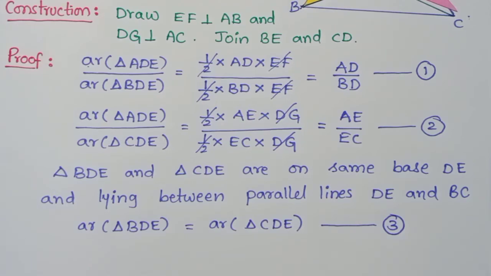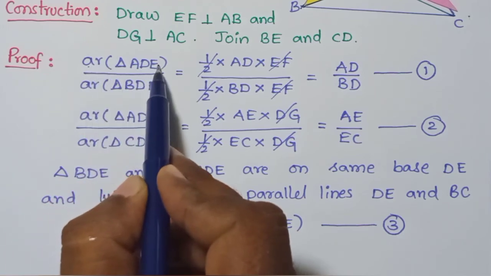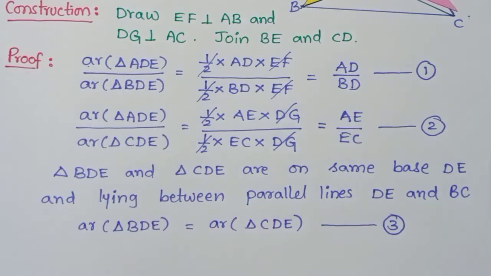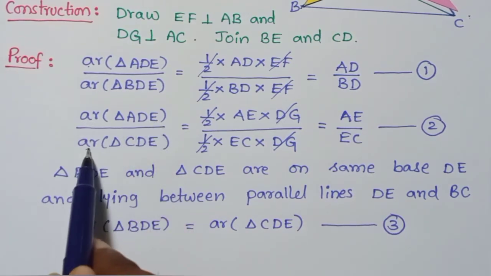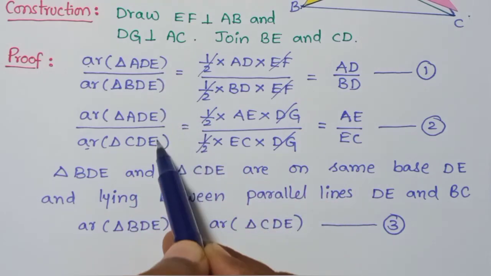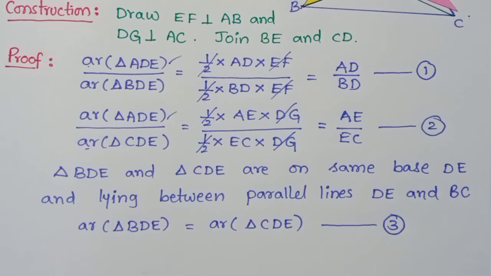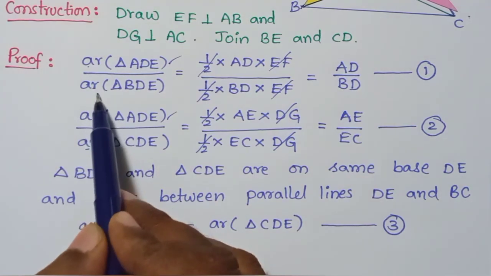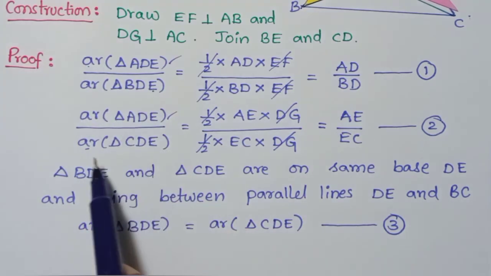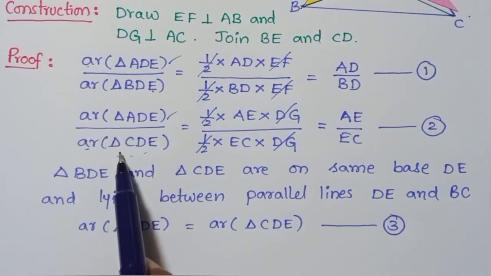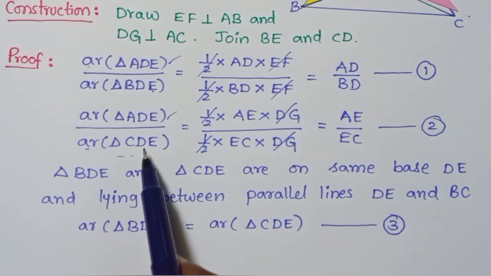If you observe these three equations, here I took area of ADE by area of BDE. Here area of ADE by area of CDE. In both ratios, area of ADE is common. Here in the denominator of the ratio I took area of BDE and here area of CDE. Now the area of BDE and area of CDE are equal.